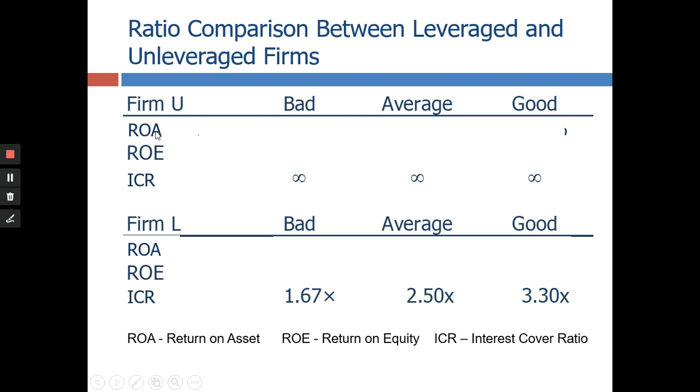We're going to calculate ROA, return on asset, and return on equity for both companies, firm U and firm L. If you remember your ratios, return on asset is net income divided by total asset.